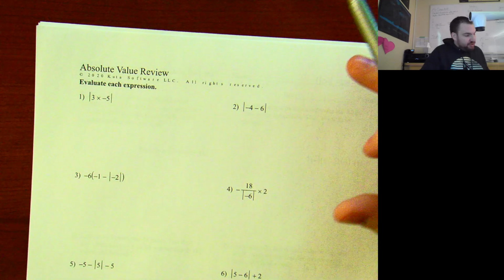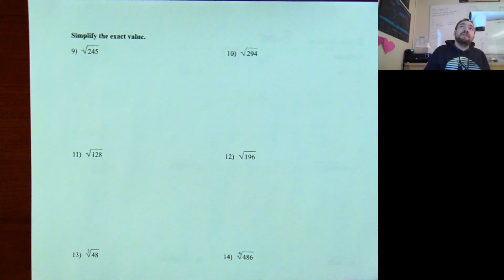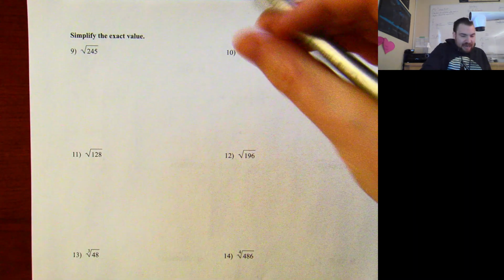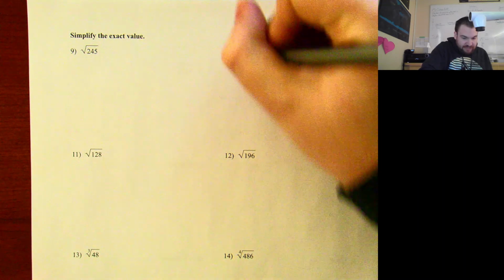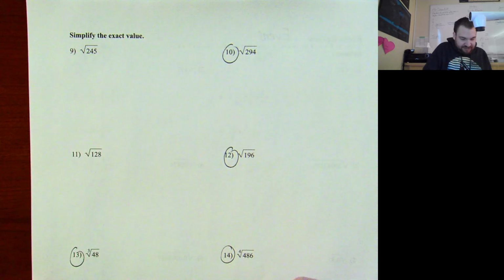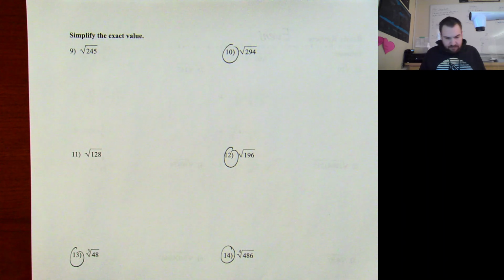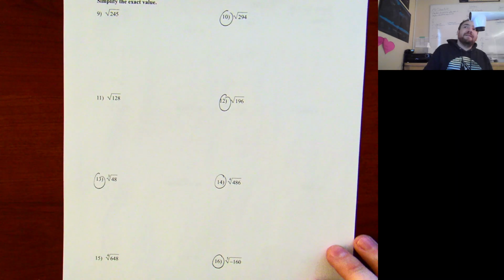Flip the page. It'll say simplify the exact value. Here I want you to do 10, 12, 13, 14, and 16.